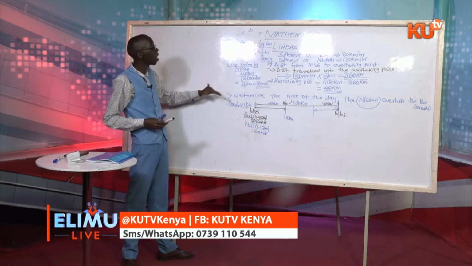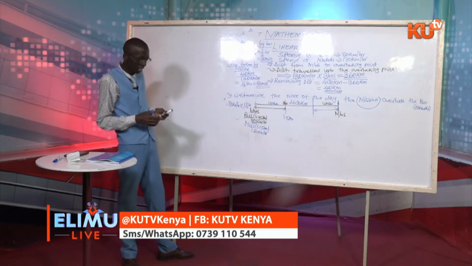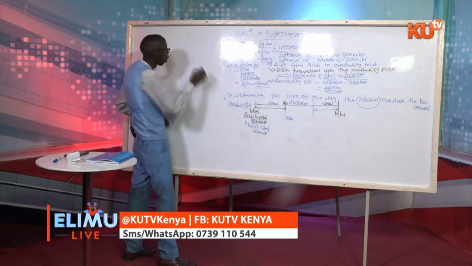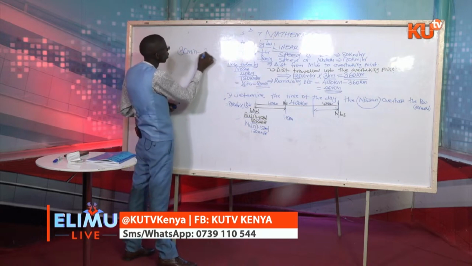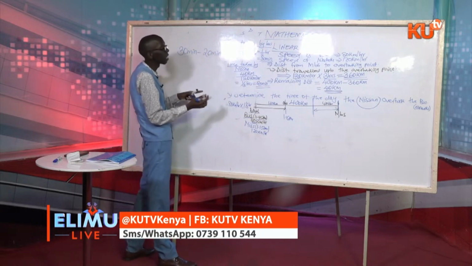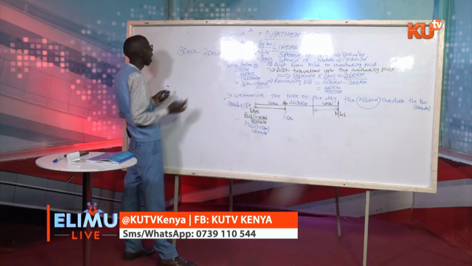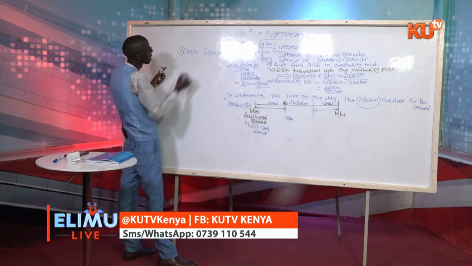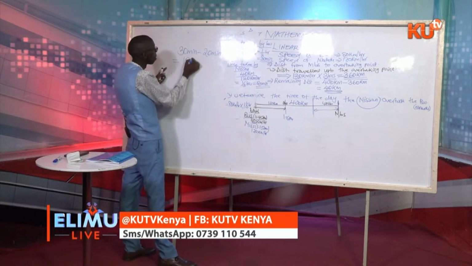So how long did the Nissan have to wait for the bus to arrive? Very simple. It had to wait for 30 minutes minus 20 minutes. If it arrived after 20 minutes, the other one arrived after 30 minutes. So it had to wait for 30 minutes minus 20 minutes, which is 10 minutes.